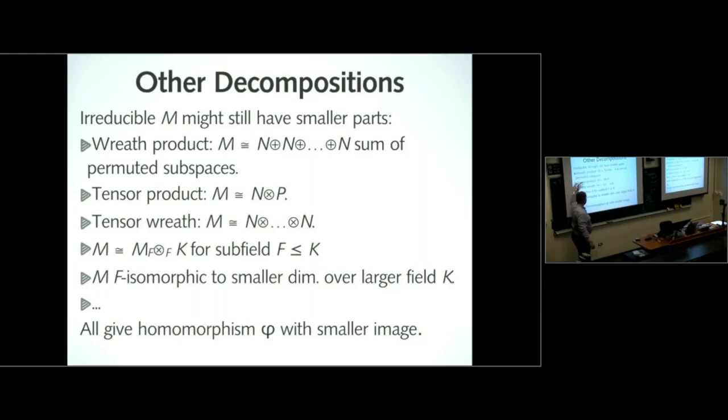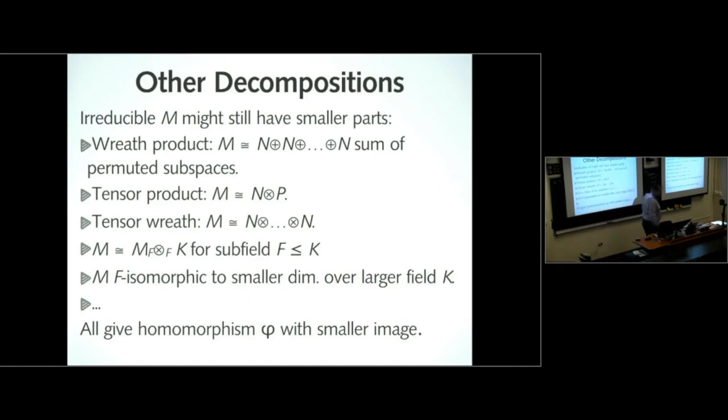The module might be writable as a tensor product, or you might have an analog to the wreath product structure here, a tensor wreath structure. The module might actually be writable over a smaller field and is just written over a field which is too large, and so forth.